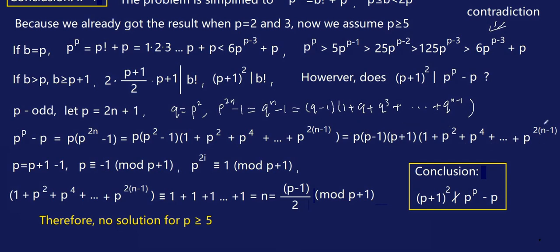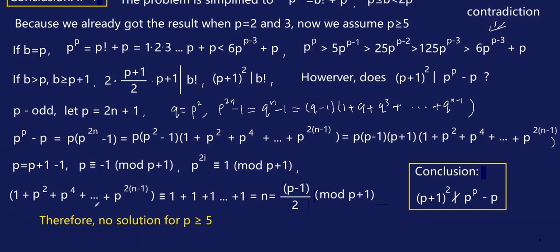And for that side, because p is equal to p plus 1 minus 1, when we divide it by p plus 1, the remainder will be minus 1, mod p plus 1. So p squared, or p^(2i), will be equal to 1. The remainder will be 1 when divided by p plus 1. That means each of them has remainder 1.